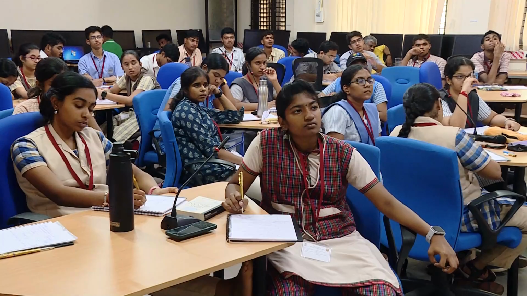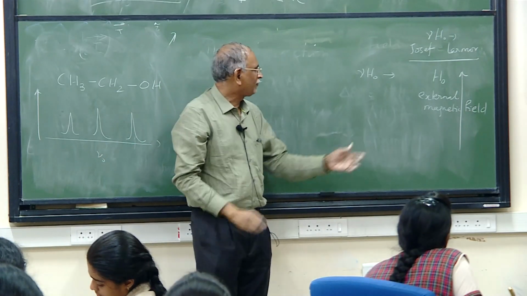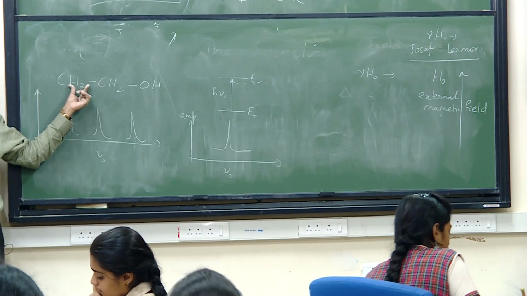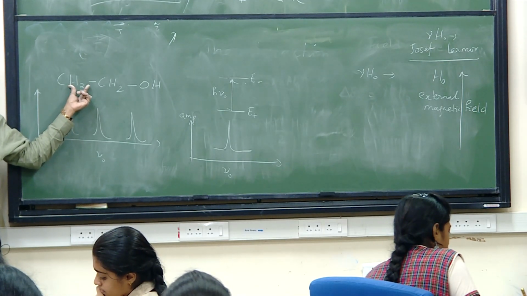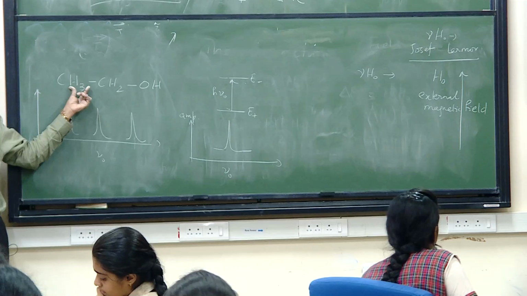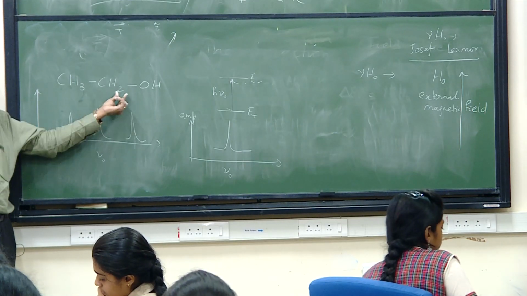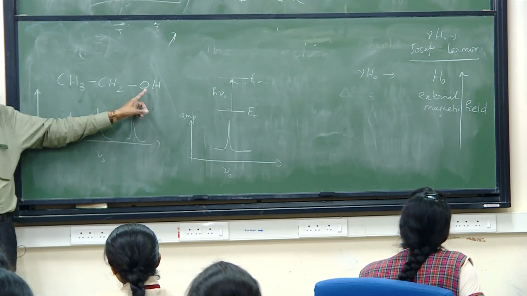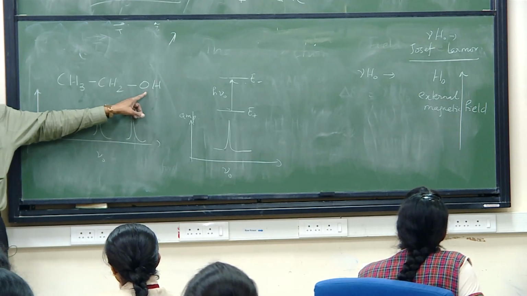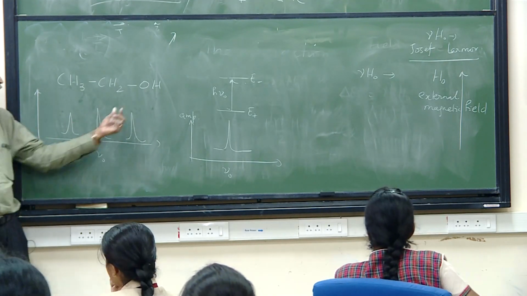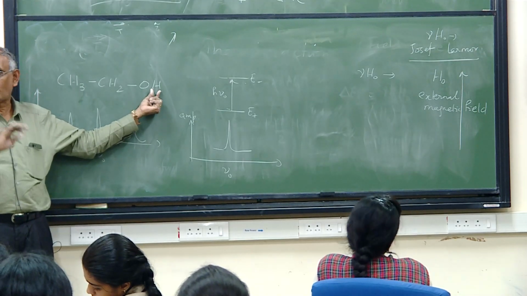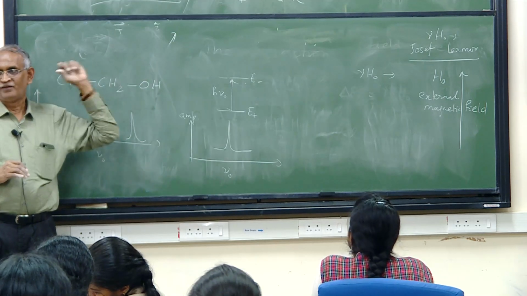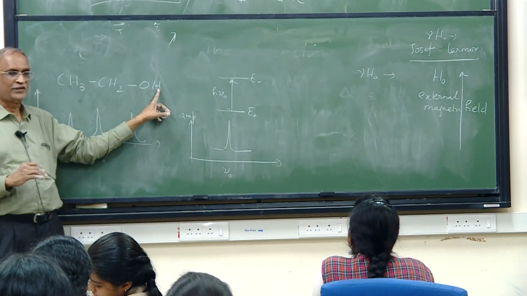Now, how much of it will happen? If there are more electrons around the hydrogen, the shielding will be stronger, because more local magnetic field will protect it from the external field. You remember, this hydrogen has the least electron density because the oxygen pulls all the electrons closer to itself. Therefore, this proton is a near-bare proton. So it sees all the external field. Whatever magnetic field you apply, it sees all of that.